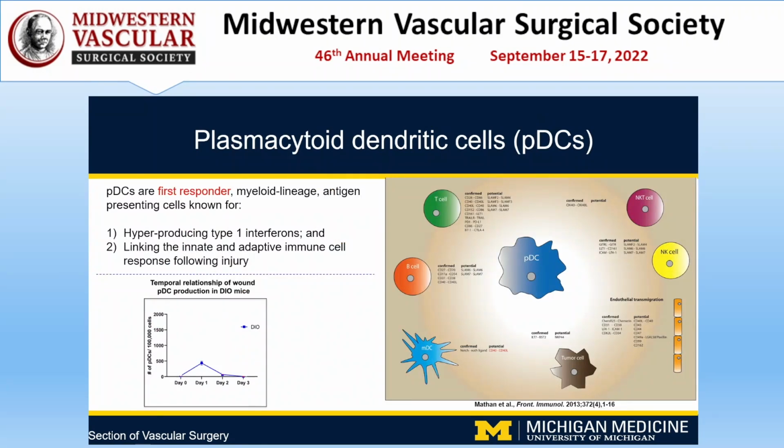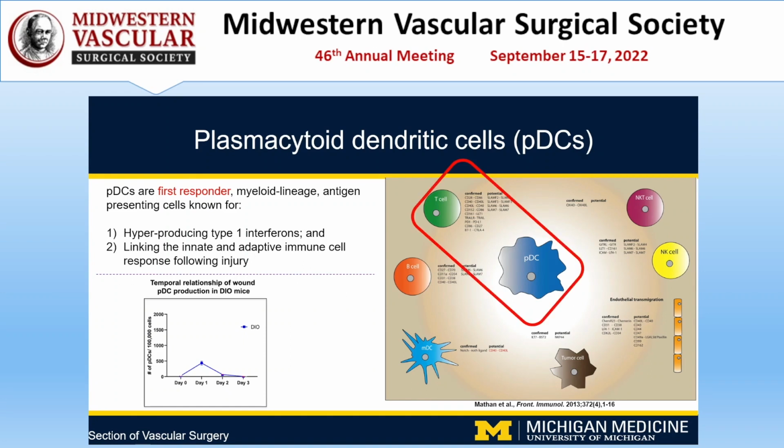So we began to wonder what types of cells prime these T cells. We know macrophages can do it, but we were interested in looking at other types of cells within the wound milieu. When we looked at the chronic inflammatory literature, plasmacytoid dendritic cells really stood out as first responder antigen-presenting cells that link the innate and adaptive immune cell response.